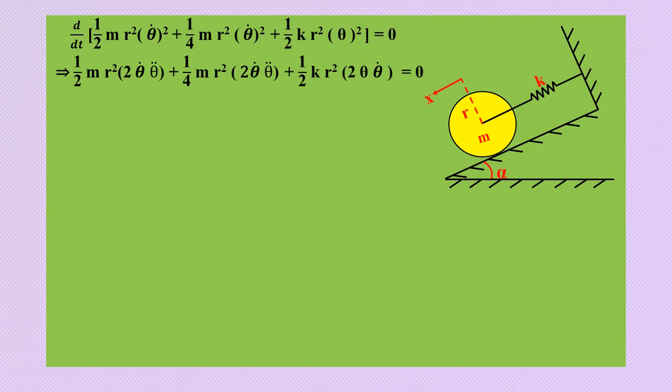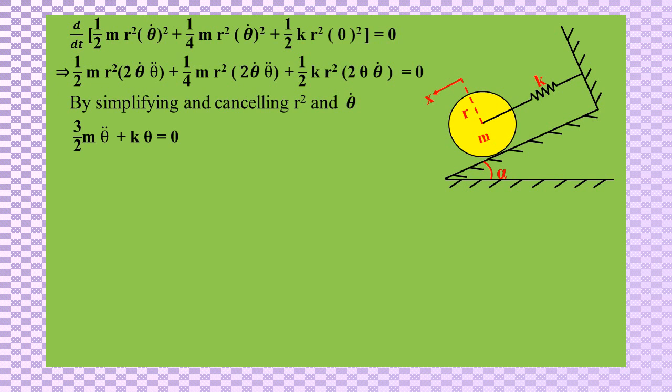It implies 1 by 2 m r square 2 theta dot theta double dot plus 1 by 4 m r square 2 theta dot theta double dot plus 1 by 2 k r square 2 theta theta dot equal to 0. By simplifying and cancelling r square and theta dot, the resultant equation is 3 by 2 m theta double dot plus k theta equal to 0.